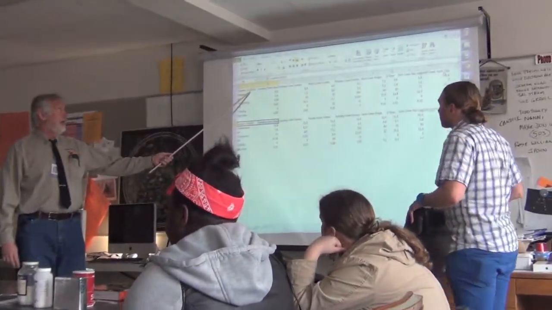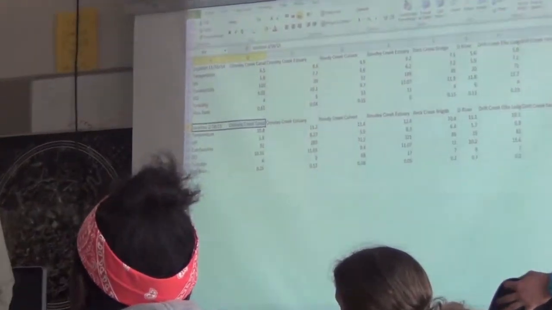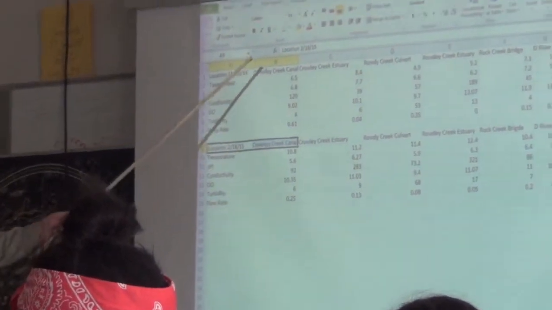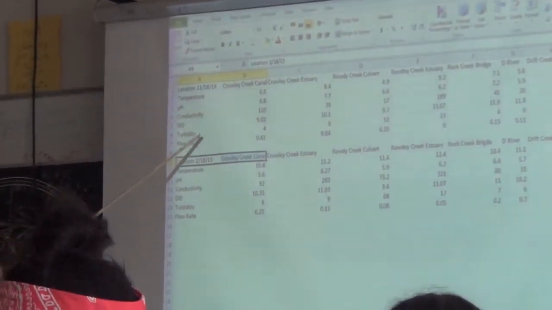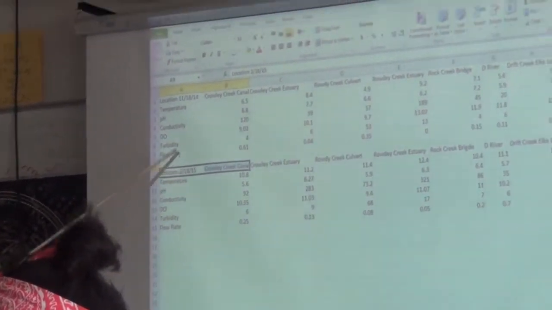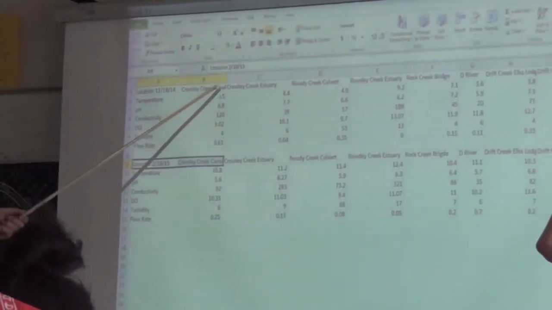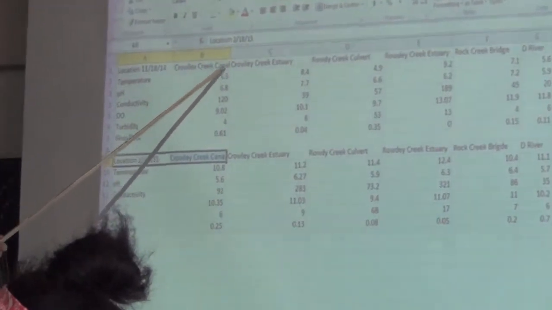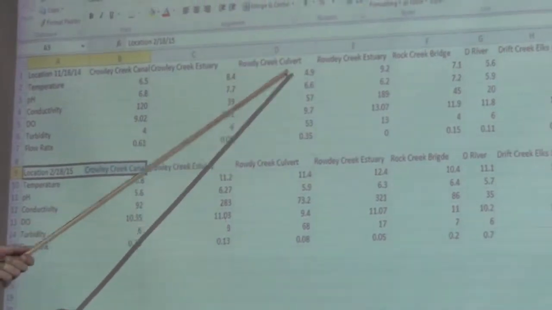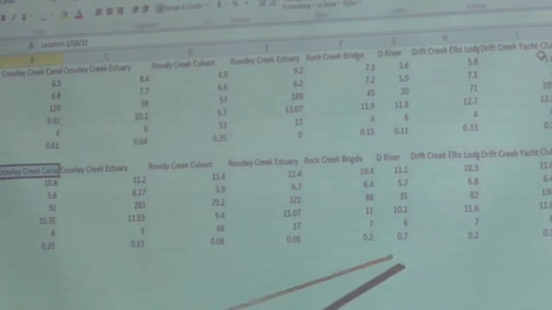On November 18th and March 18th, and again in May 18th, we're going to go out and do water quality testing. And we can see the difference in the temperature, pH, conductivity, dissolved oxygen, turbidity, flow rate for the 2 dates at the canal, Crowley Creek Canal, Crowley Creek Estuary, Rowdy Creek Culvert, Rowdy Creek Estuary, Rock Creek Bridge, and D River.